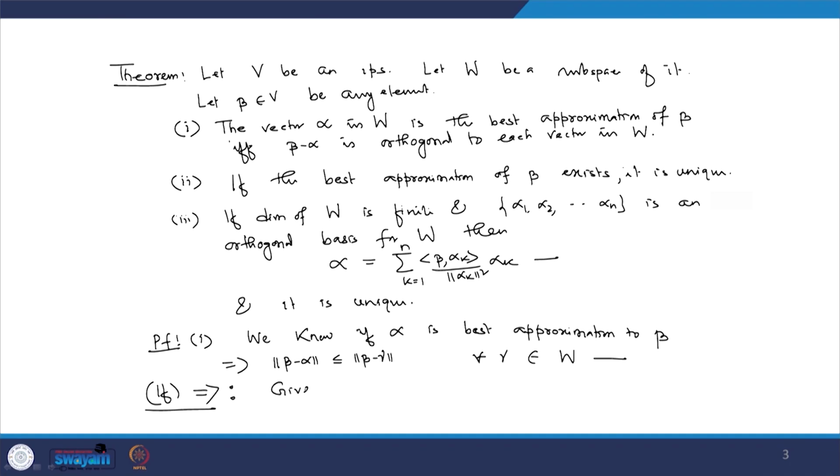Given beta minus alpha is orthogonal to each vector in W. It is given to us. We have to prove that norm of beta minus gamma will be greater than or equal to norm of beta minus alpha for all gamma belonging to W.